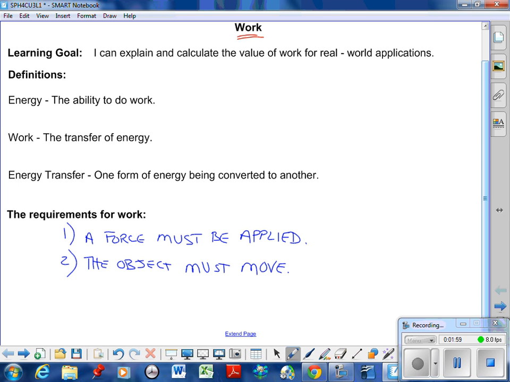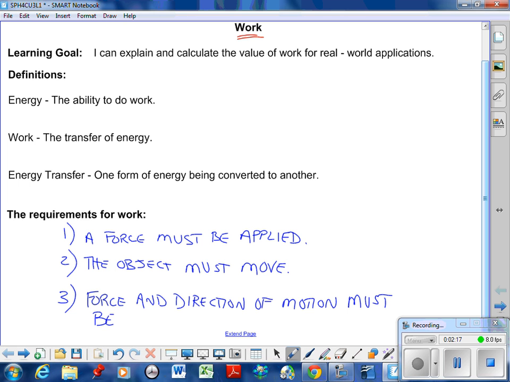And the third and final important requirement, force and direction of motion must be in the same direction. The same direction.